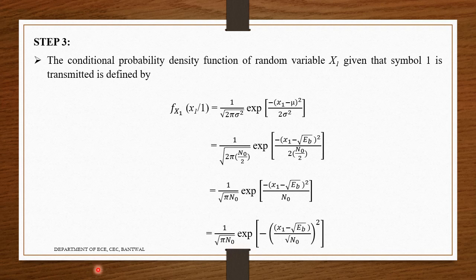Okay, step 3 is all about the conditional probability density function of a random variable x1, given that symbol 1 is transmitted. It is defined by f of x1 given symbol 1 is equal to 1 by square root of 2 pi sigma square into exponential of the whole bracket of minus x1 minus mu the whole square divided by 2 sigma square.